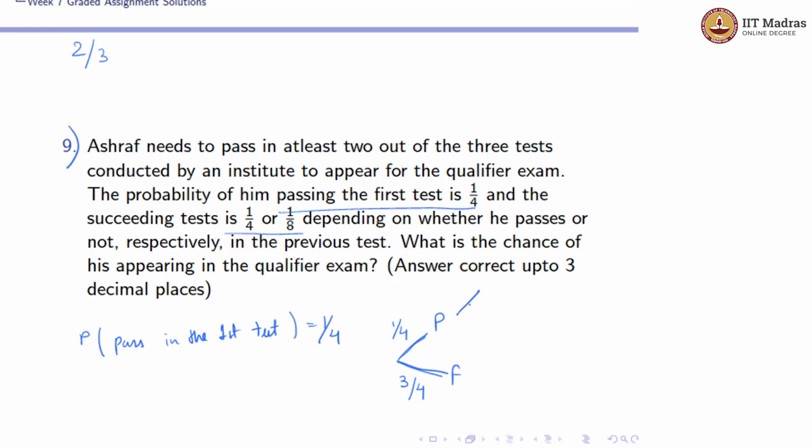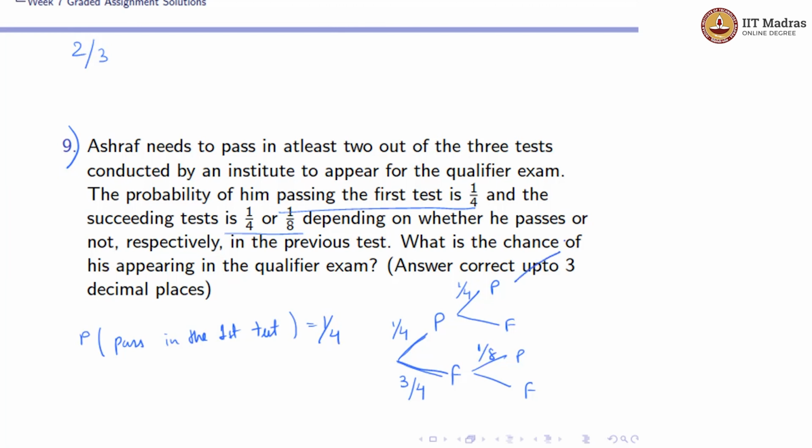Again, for the second test, either he can pass or fail. If he passes the first test, he will pass the second test with probability 1 by 4, and if he fails the first test, he will pass the second test with probability 1 by 8.